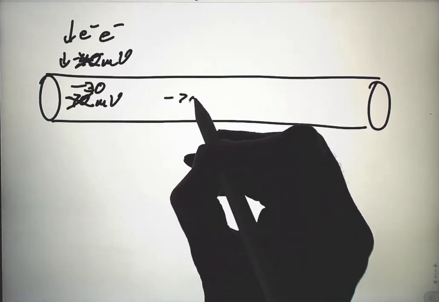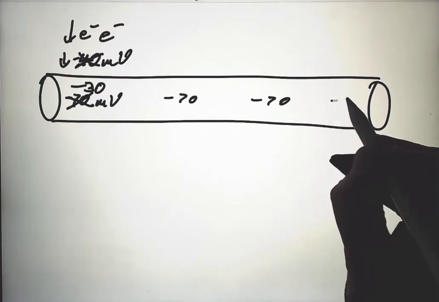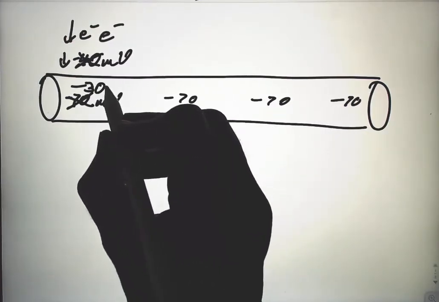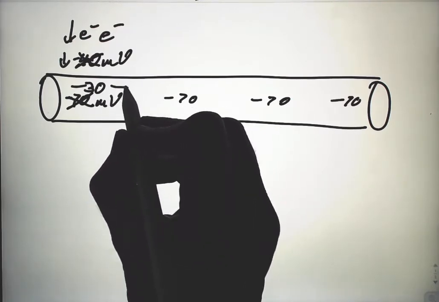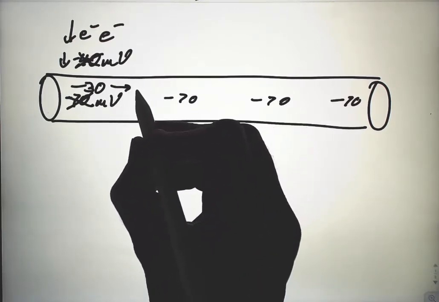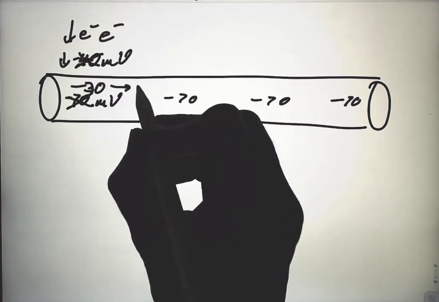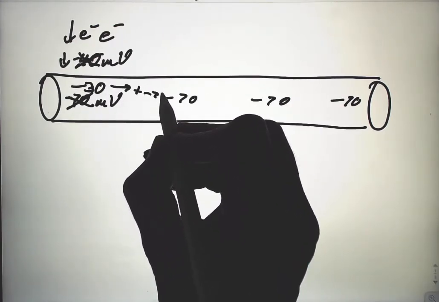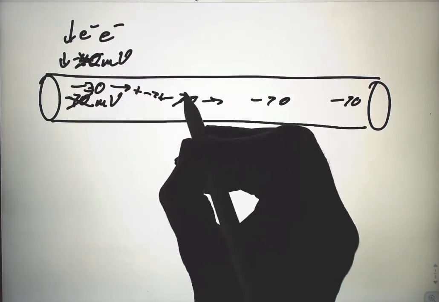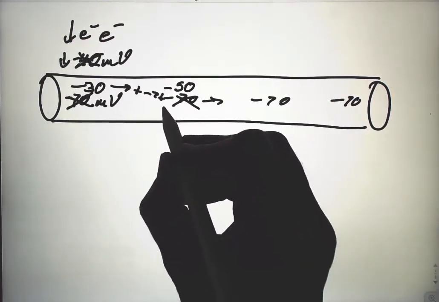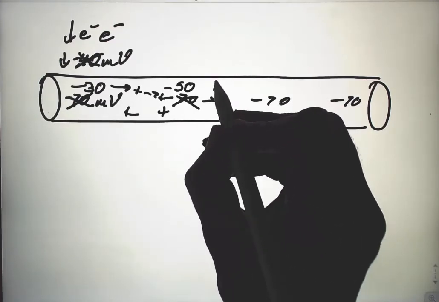If the rest of the membrane all the way along this axon is at minus 70, then positive charge, the more positive area here, will move positive charges all along. So this minus 70 might get to minus 50. But as this charge moves, it disperses, it spreads.